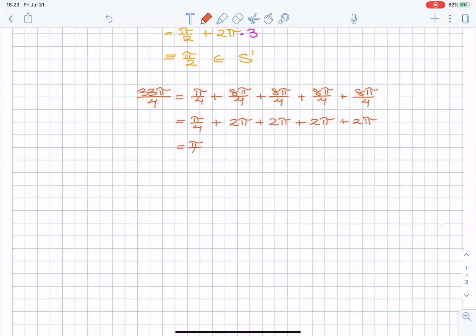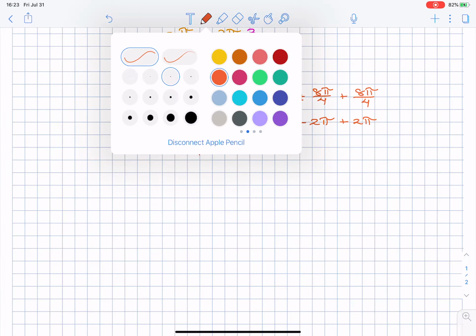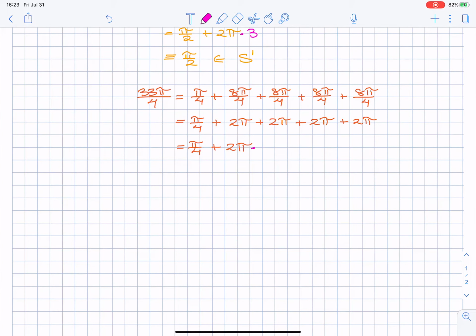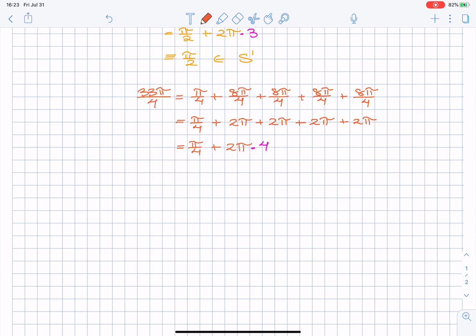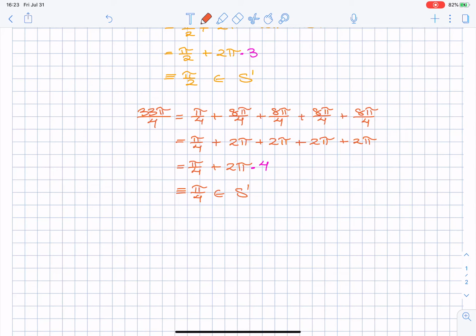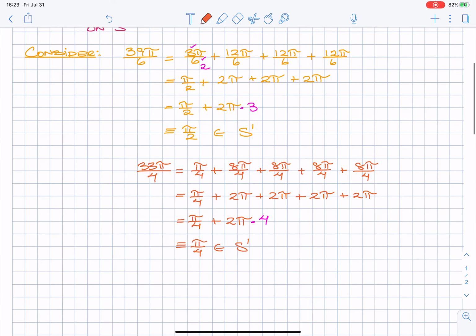So this is pi over 4 plus 2 pi times the integer 4, four full revolutions beyond pi over 4. So 33 pi over 4 is equivalent to pi over 4 on the unit circle because I've just gone around 4 more times.